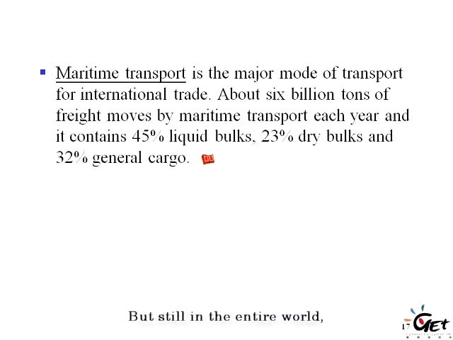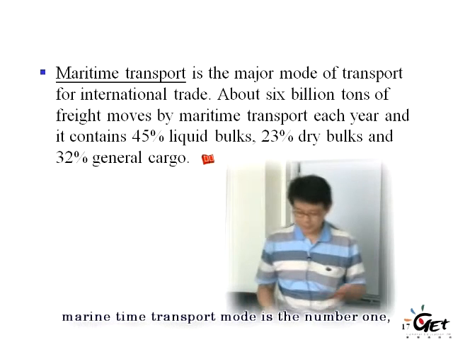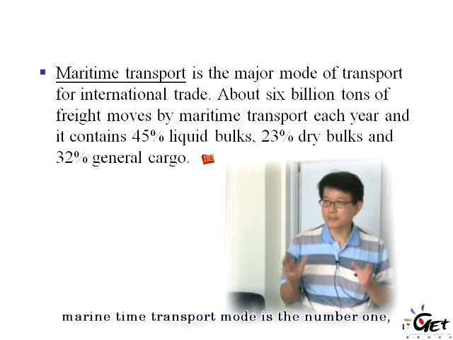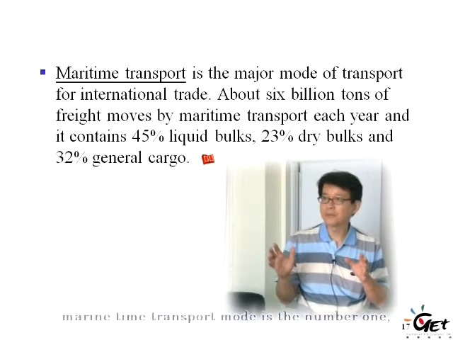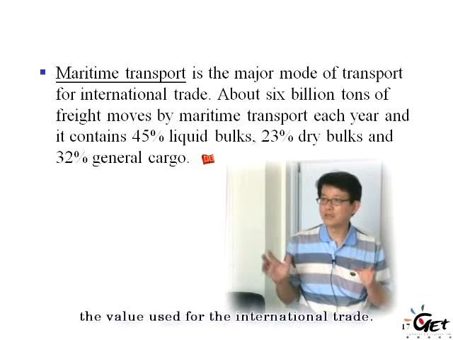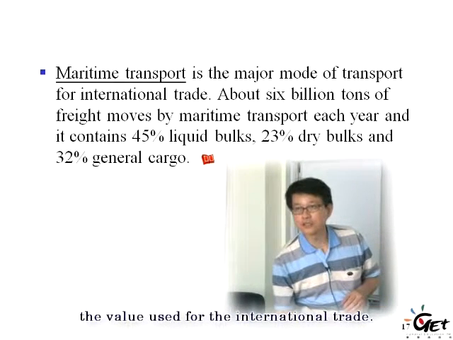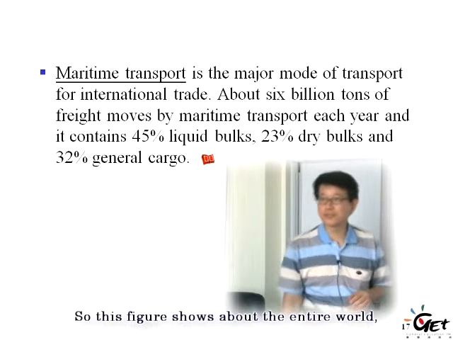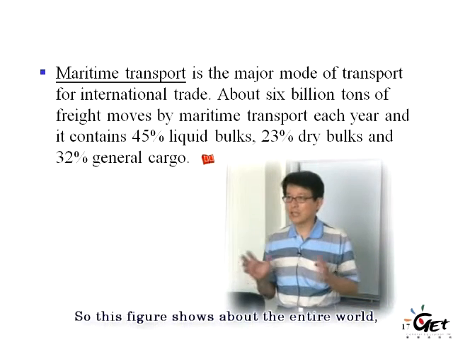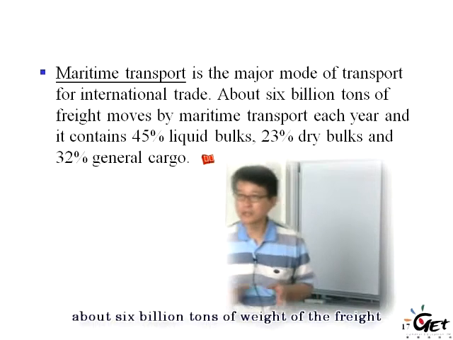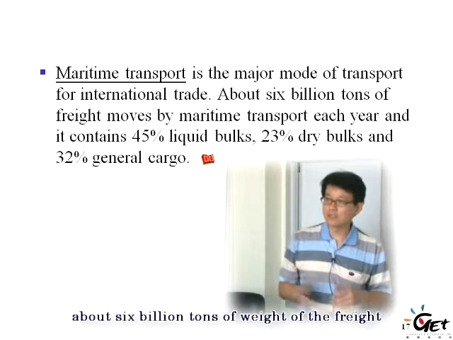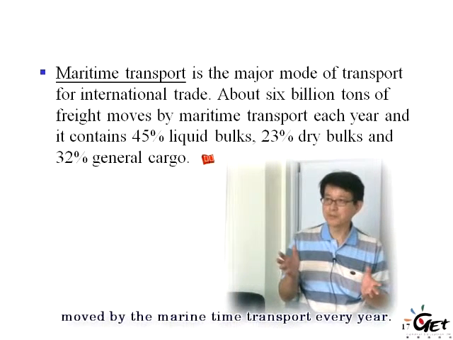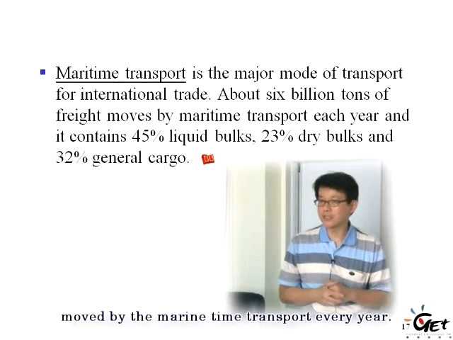But still, in the entire world, maritime transport is number one, in terms of the quantity and value used for international trade. This figure shows that for the entire world, about 6 billion tons of freight moves by maritime transport every year.